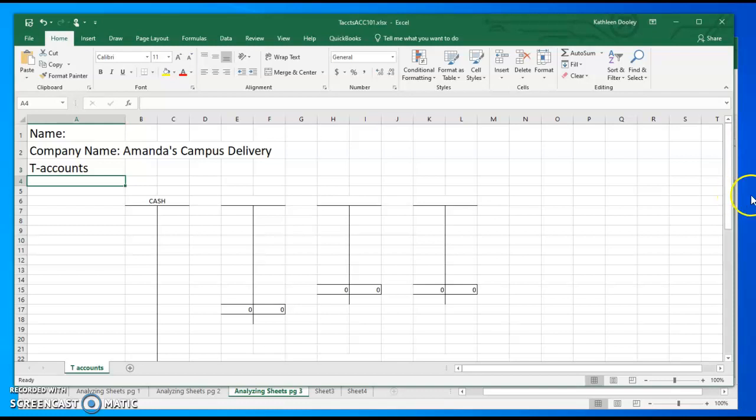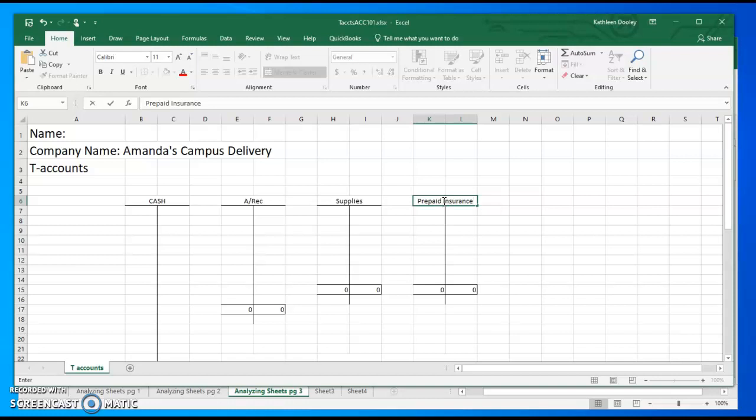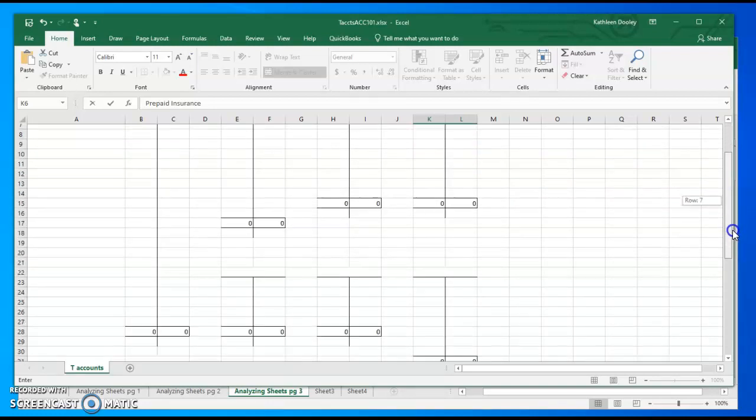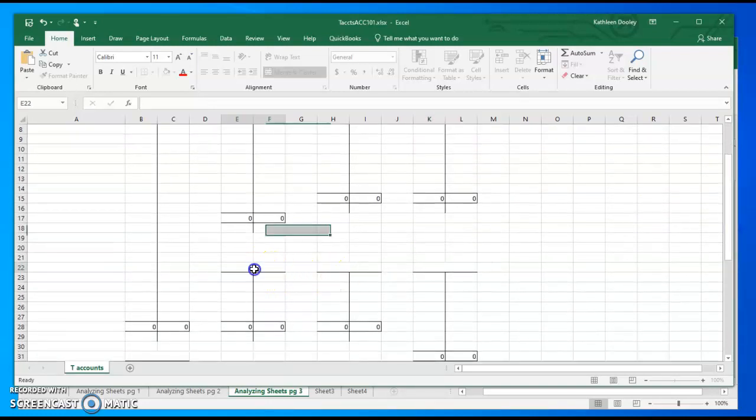We've got accounts receivable, and we have supplies, prepaid insurance. I'm going right by the chart of accounts.